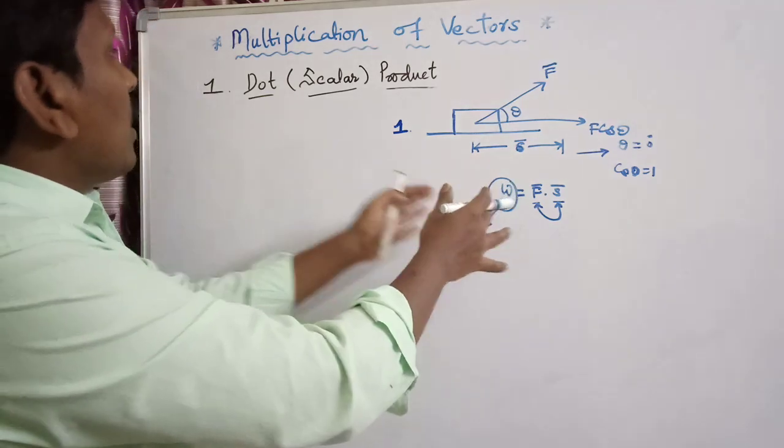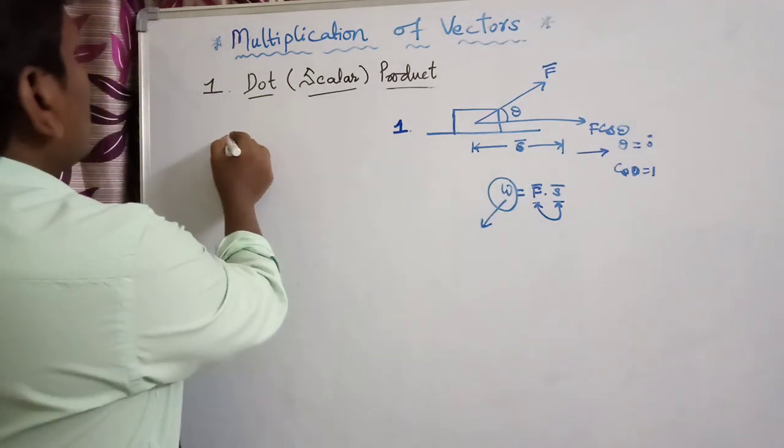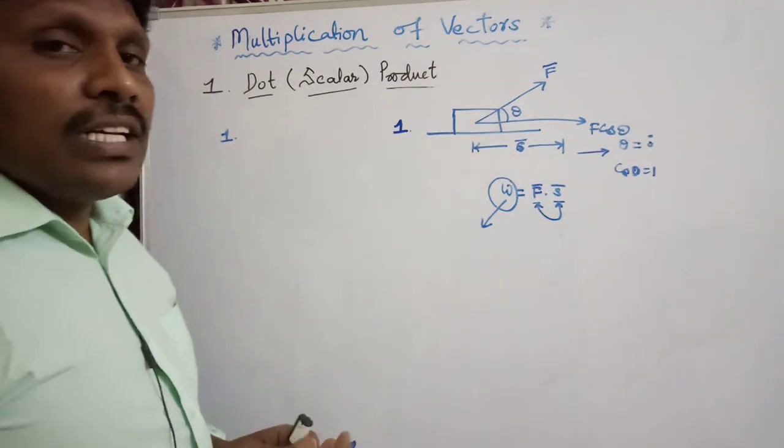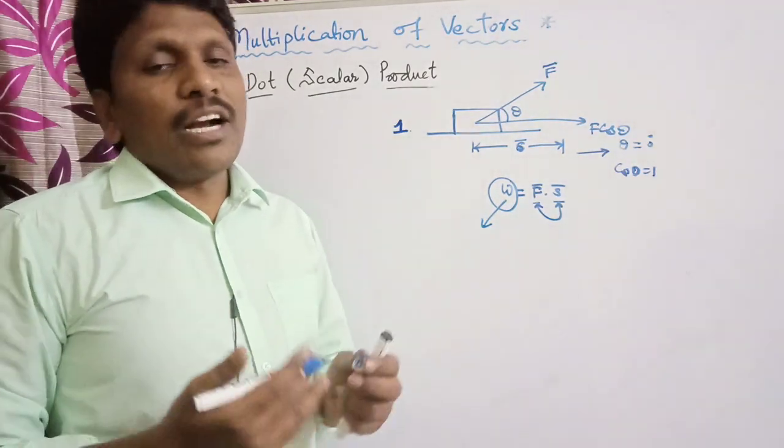In the same way, we can simply define the scalar product or dot product. What is the definition of the scalar product or dot product?